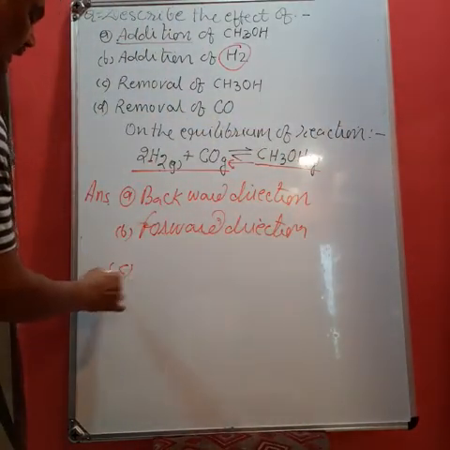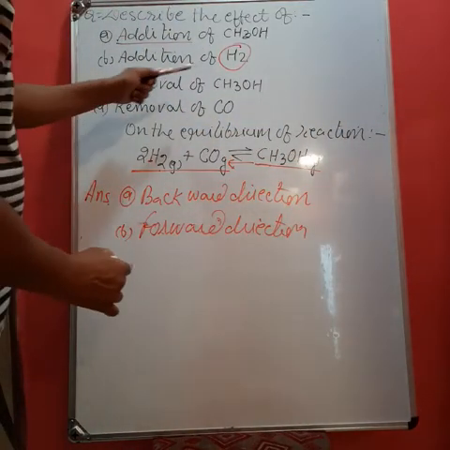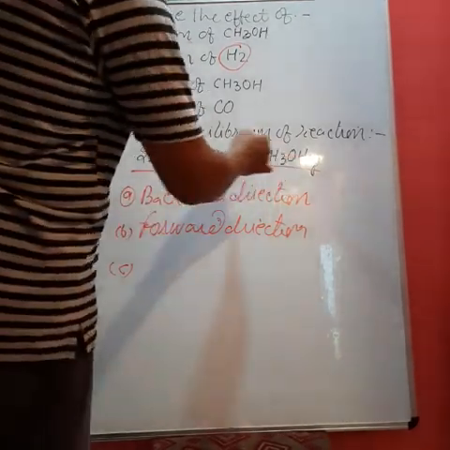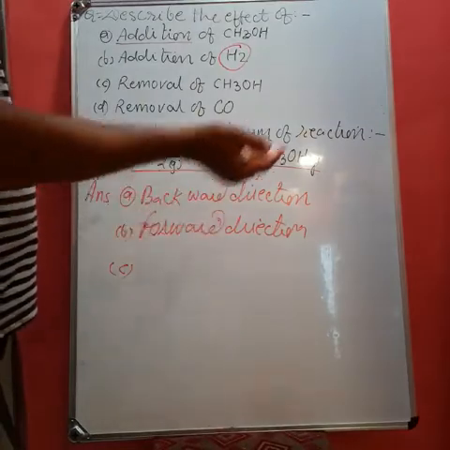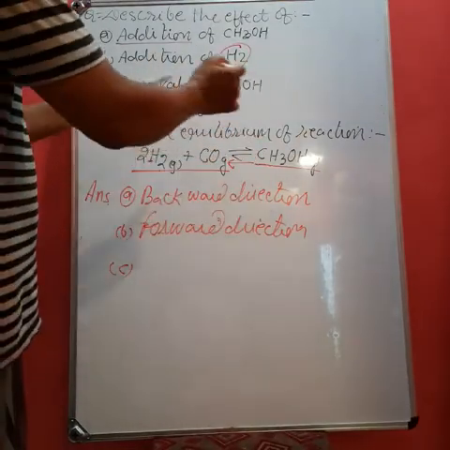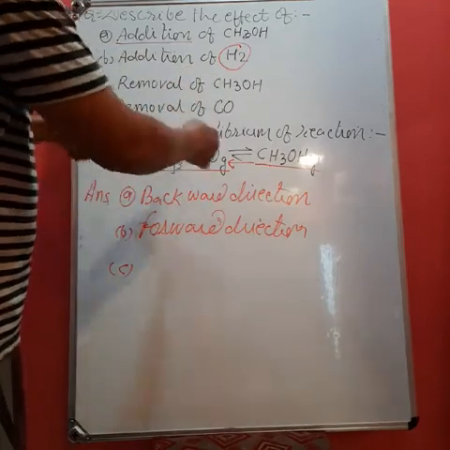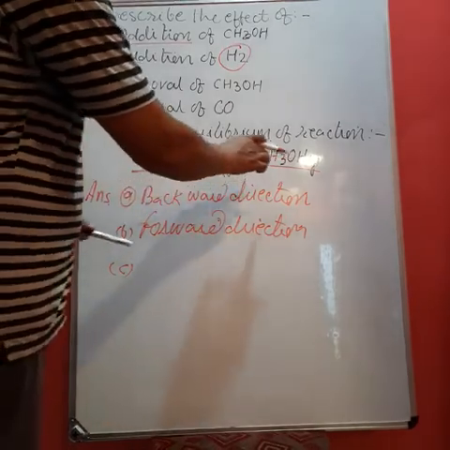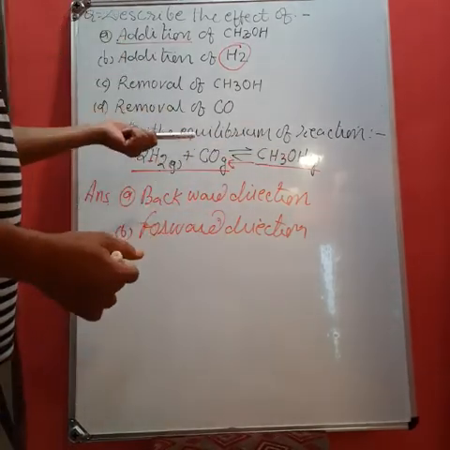Question number C. Okay, removal of methanol. Now, this is very important. Removal of methanol is in an indirect way. What does it say? It says that the concentration of reactant increases. Earlier, the concentrations were constant.